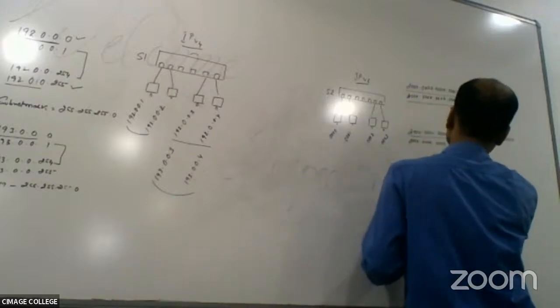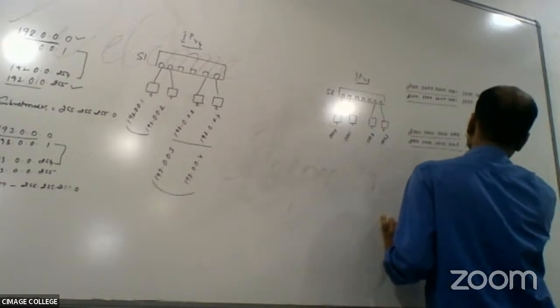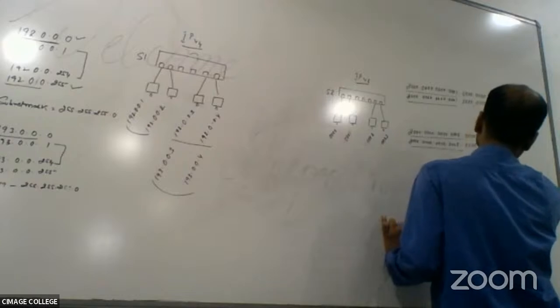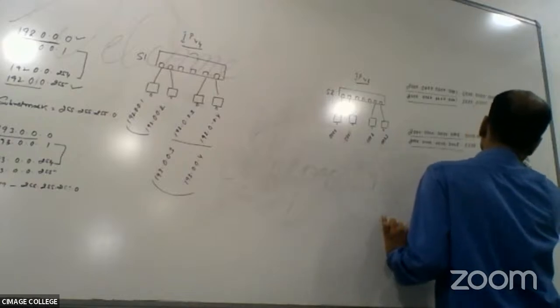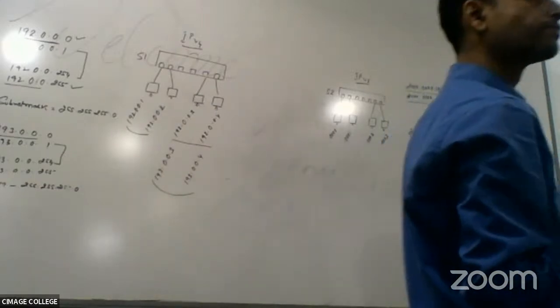Now this is the network part. This is the network part. The last value 1 2 3 4 colon 1 2 3 4 colon 1 2 3 4 colon 1 2 3 4. Fine.